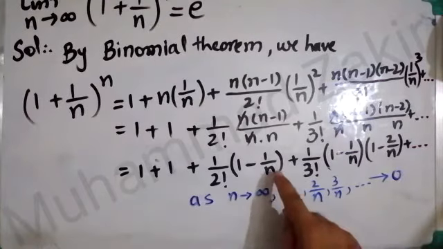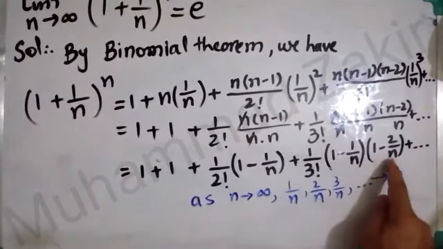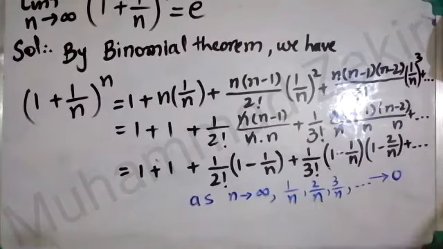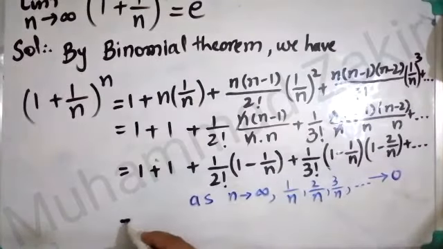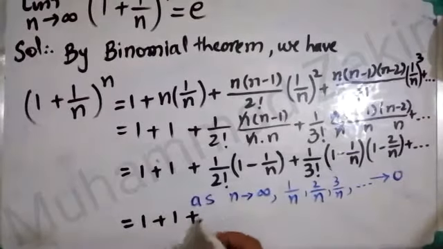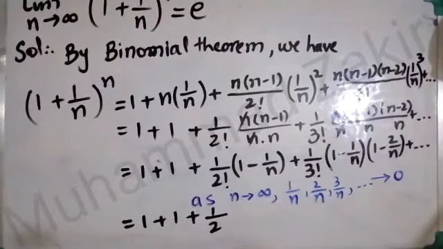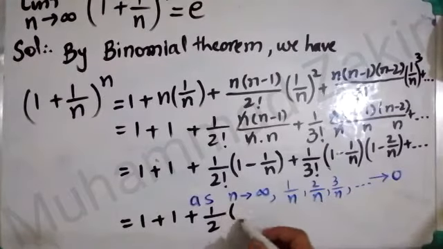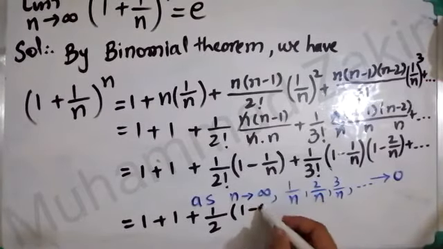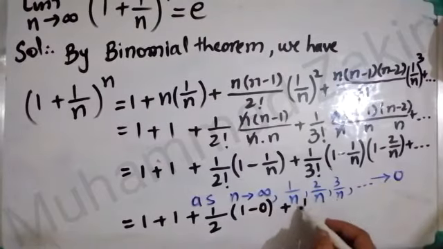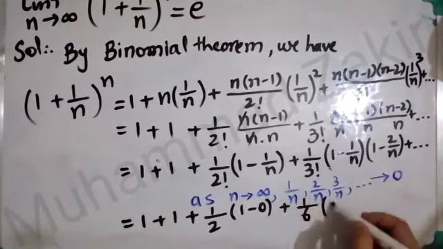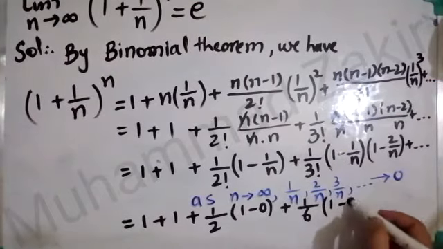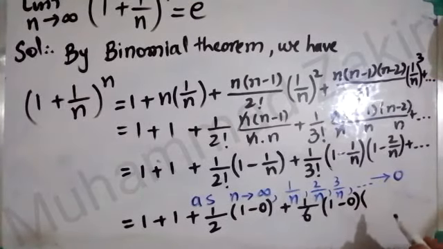When all these terms become 0, 1 by n, 2 by n, 3 by n, 4 by n, 5 by n, and so on, what does this form become? It becomes 1 plus 1 plus 1 by 2 factorial, written as 1 by 2, times 1 minus 0, plus 1 by 3 factorial, which is 1 by 6, times 1 minus 1 by n, which is 1 because of applying the limit.